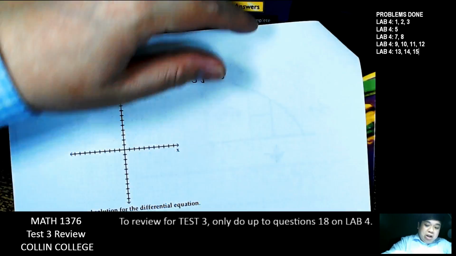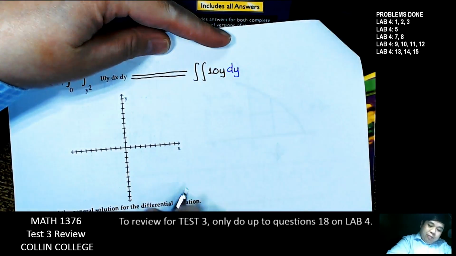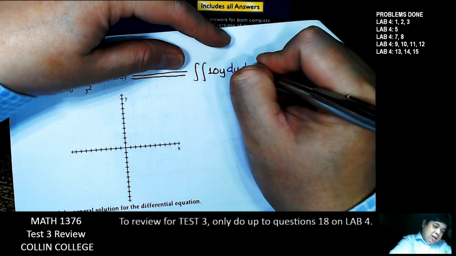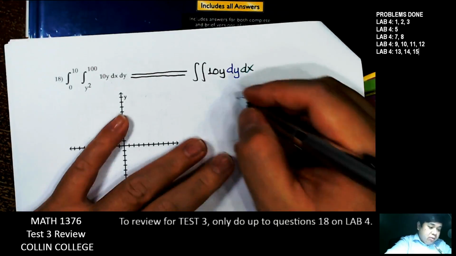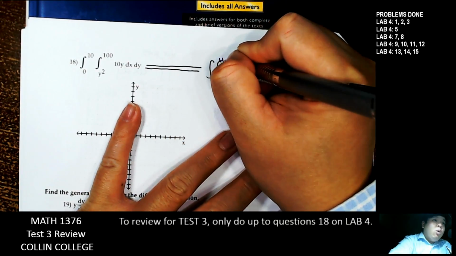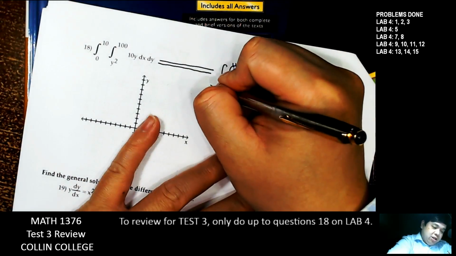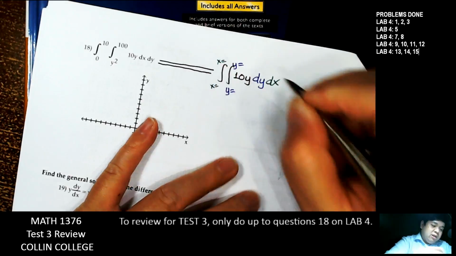The function in the middle cannot be changed. We go to dy and dx. Because we put dy in the middle, this should be y equal to and y equal to. And then outside just x constant.